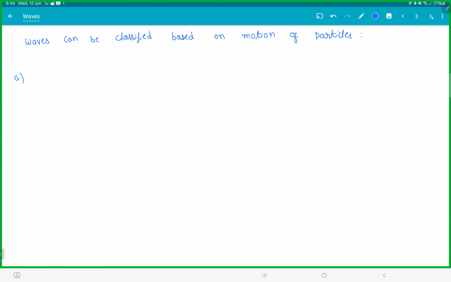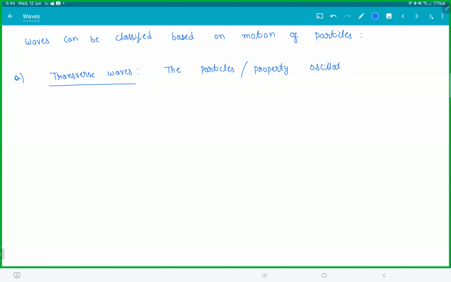So the first one is transverse waves. So in transverse waves, non-mechanical waves other than EM waves, generally we don't have. That is the only thing that we have so far. The particles or the property, like I said, the property thing is electromagnetic and all. We will discuss that in EM waves.